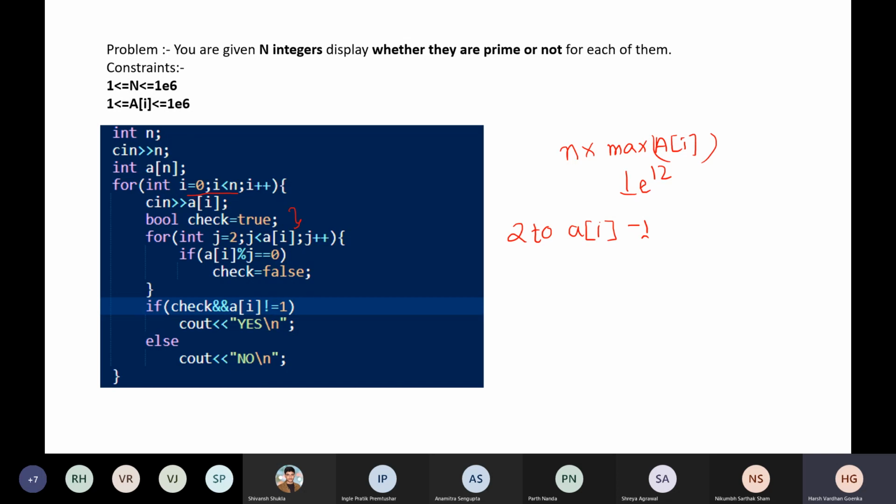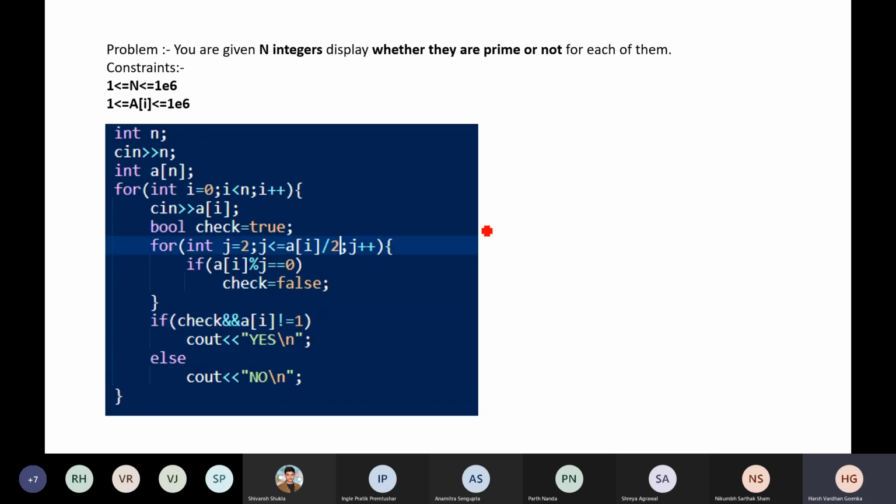Moving on to the idea which somebody just said, but before that, one more idea. Let's improve it by a constant factor. Between ai by 2 plus 1 and ai minus 1, we are sure that there are no factors of the number ai.